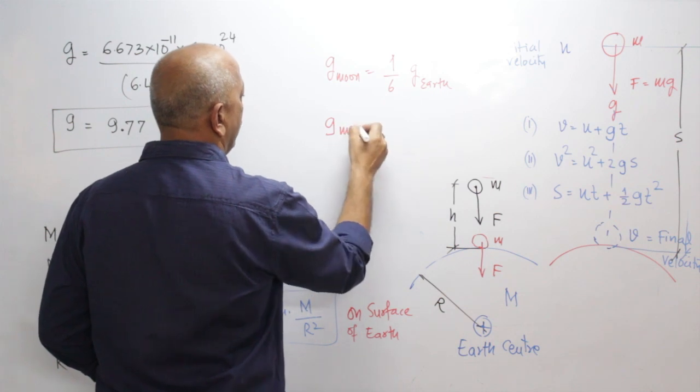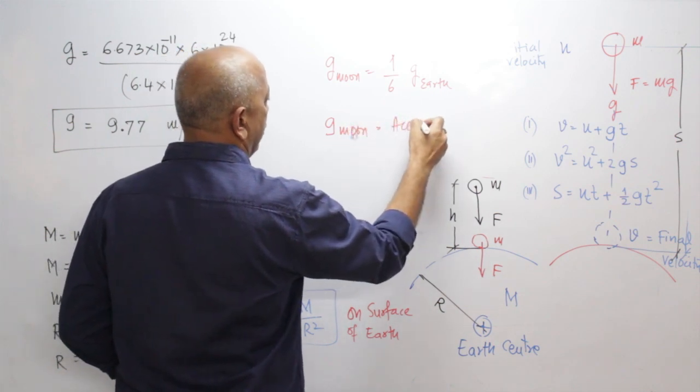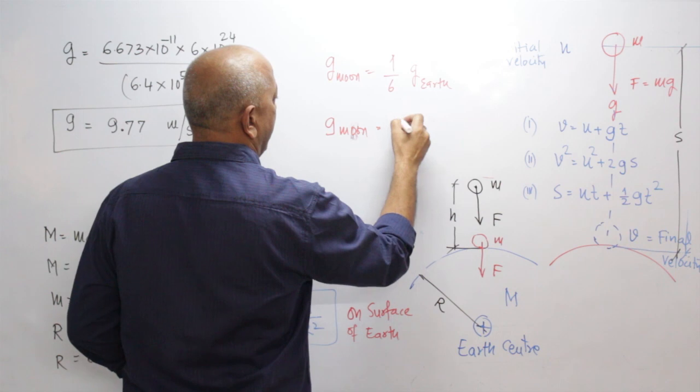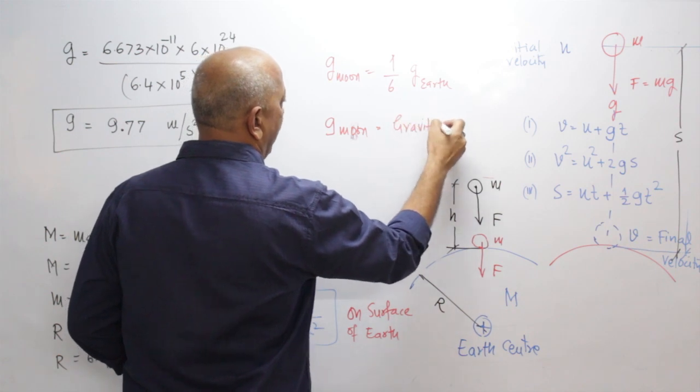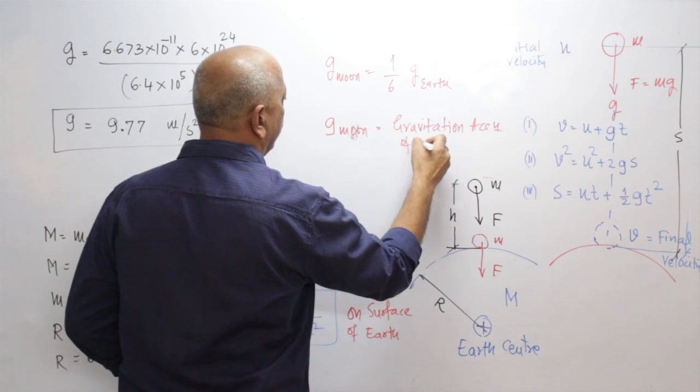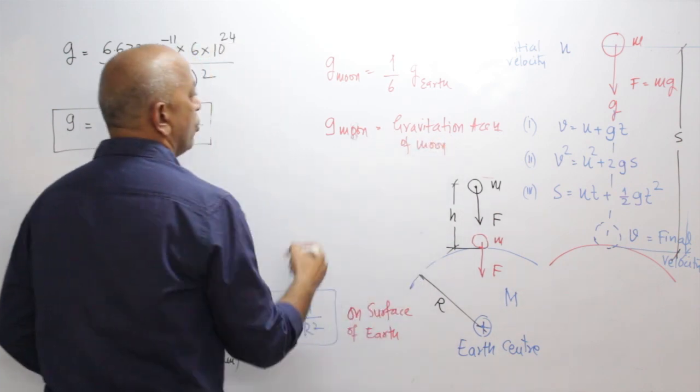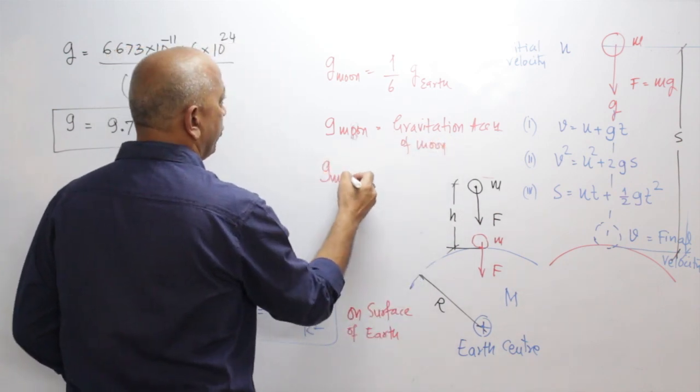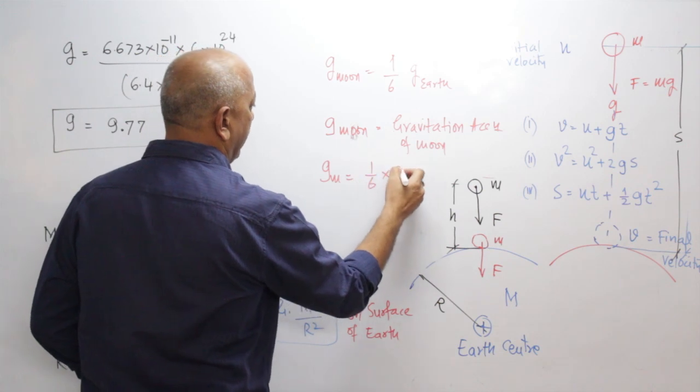What is this g moon? G moon is the gravitational acceleration of the moon. So g moon is equal to 1/6 into 9.8.